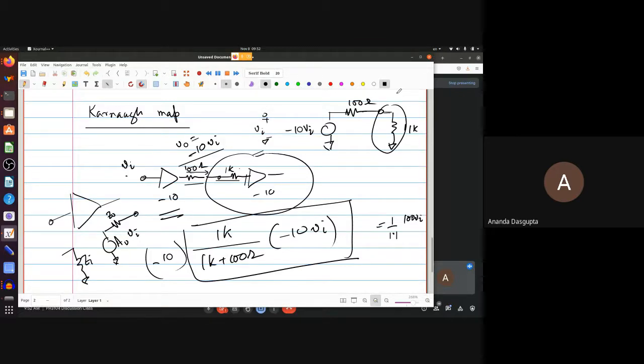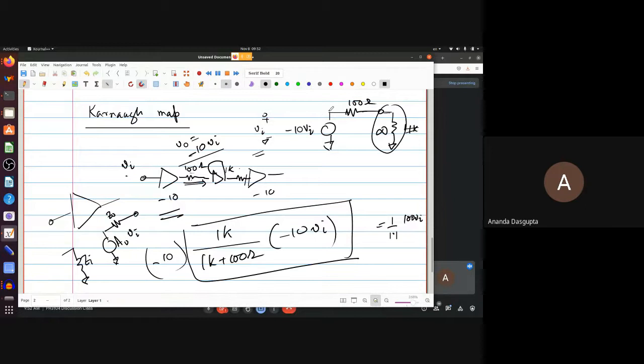So in order to prevent that, the unity gain buffer actually comes in here. Instead of directly joining the two, you put in a unity gain buffer in between. And what that unity gain buffer does is that since it draws so little current from this load, it is really like you're connecting an infinite resistance here.